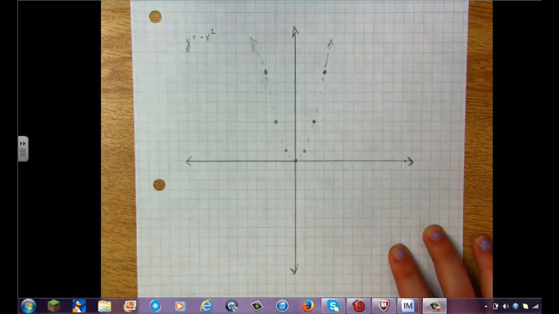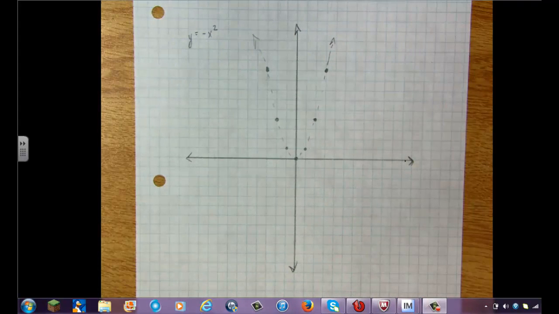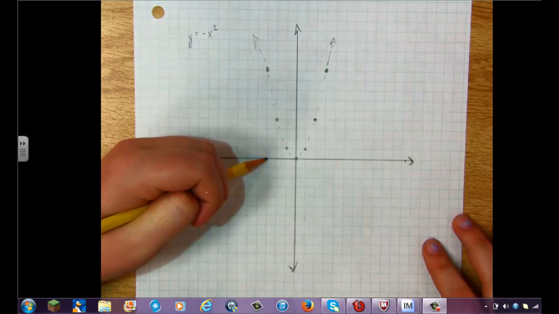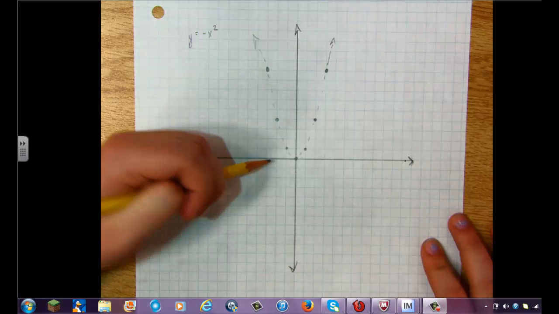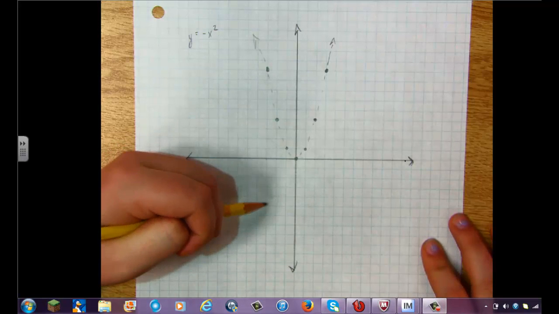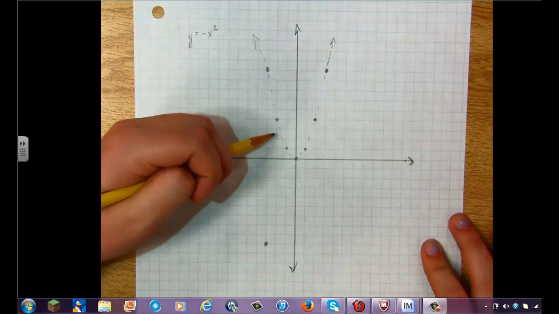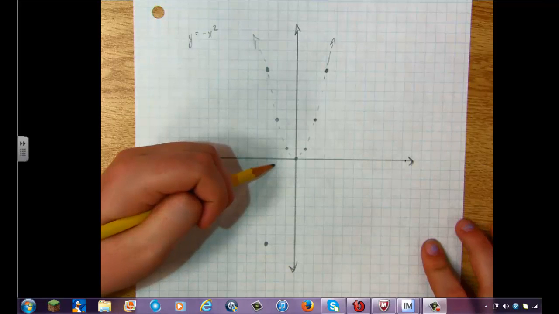And then just change every y value to a negative. So negative 3, 9 would be negative 3, negative 9. Negative 2, 4 would be negative 2, negative 4.